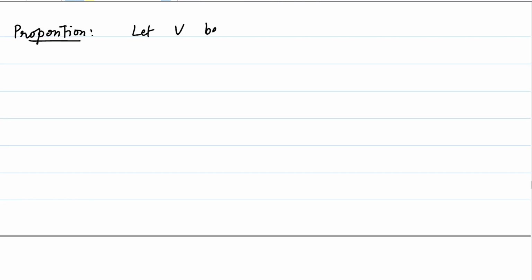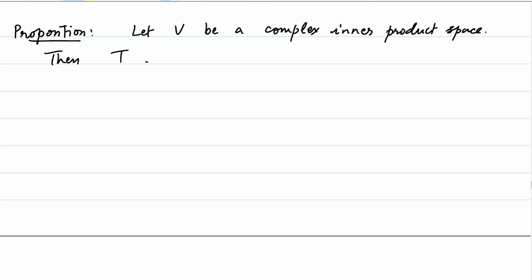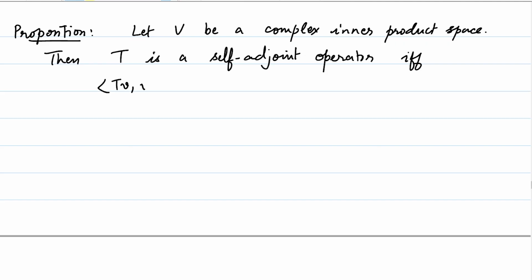Let V be a complex inner product space, then T is a self-adjoint operator if and only if, this is a characterization, the inner product of TV, V is a real number for all V in capital V.